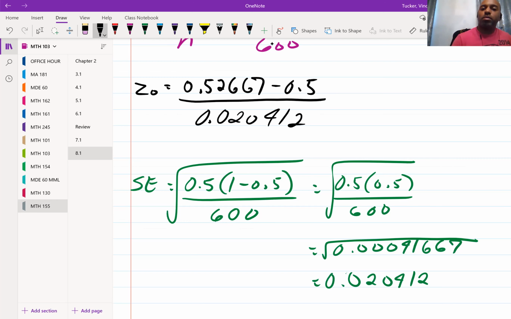All right, so I'm getting 1.306. All right, so that's our test statistic.